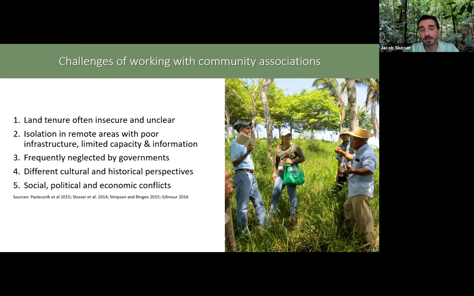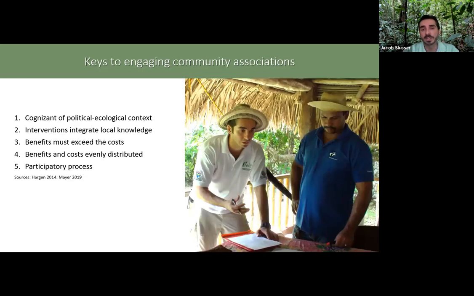And then finally, probably the most obvious one, the social, political, and economic conflicts within different ethnic or social groups, families, et cetera. These can also be very big barriers to working with community associations.